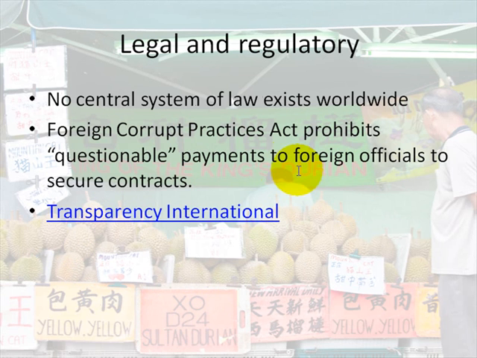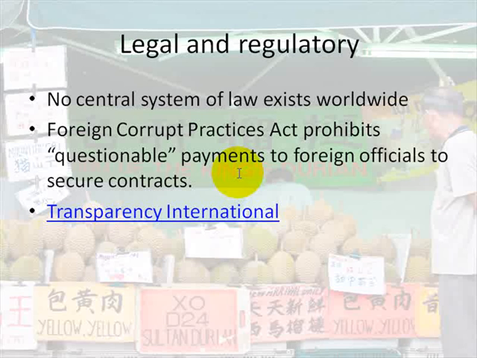There's the legal and regulatory environments. See, no central system of laws exists worldwide. The Foreign Corrupt Practices Act prohibits American companies from making questionable payments to foreign officials to secure contracts.